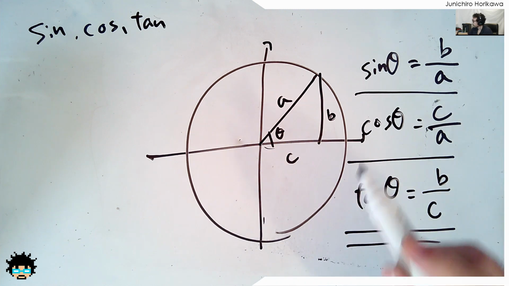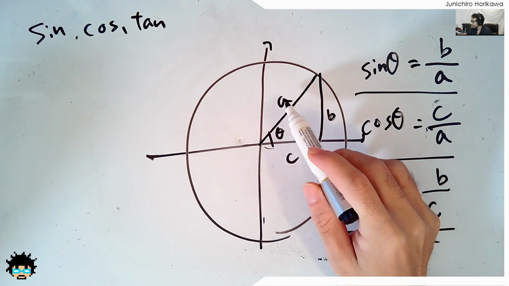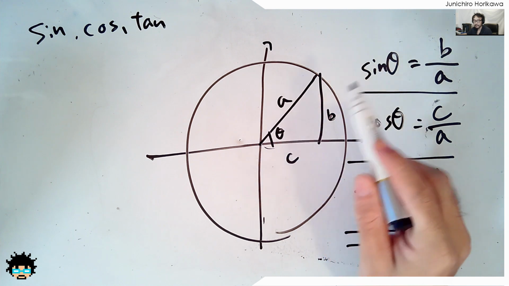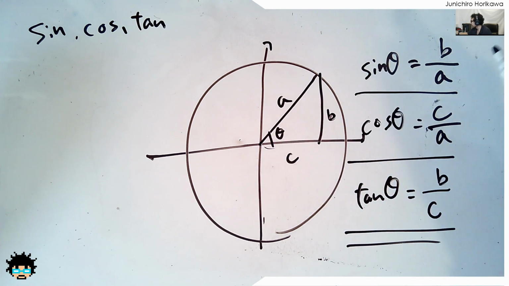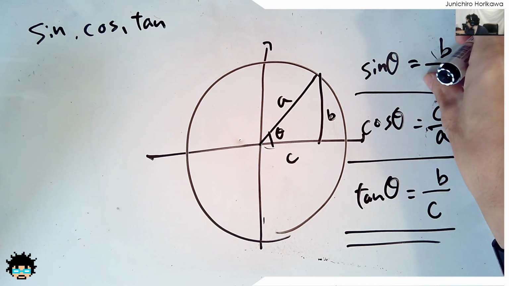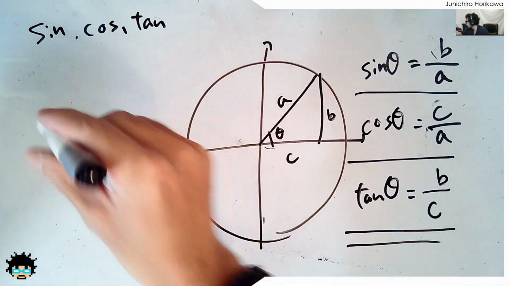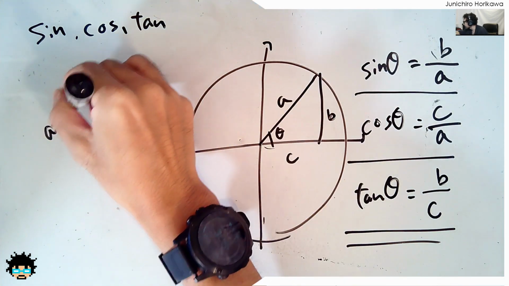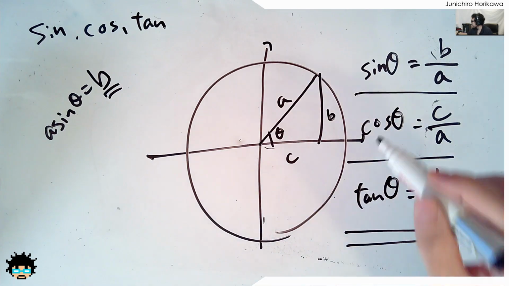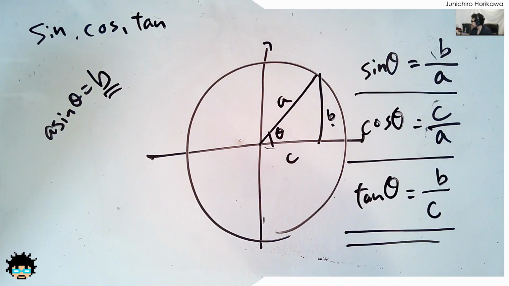Let's say you know theta and a. In that case, if you use sine theta, you'll be able to estimate what b is by moving a to the left side. So in this case, a sine theta is equal to b. So you'll be able to get the b value here by having a and theta.